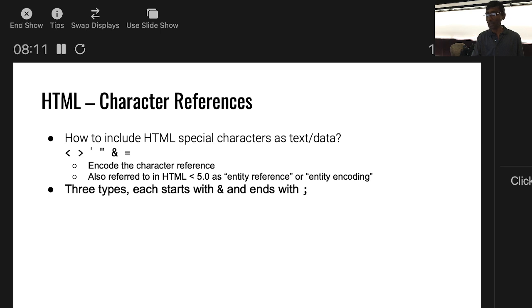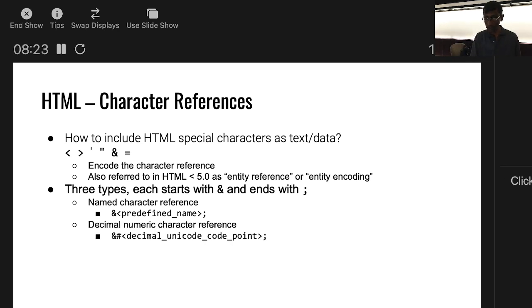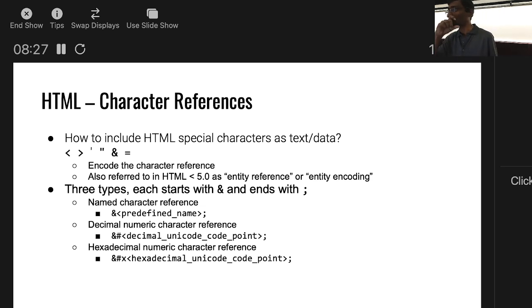The syntax for the special characters of HTML would start with ampersand, and then the decimal Unicode, ending with semicolon. The hexa code of the Unicode can also be used. Just prepend it with the x.